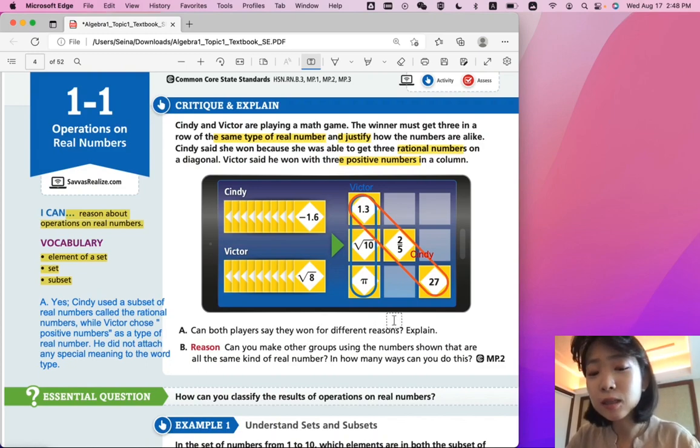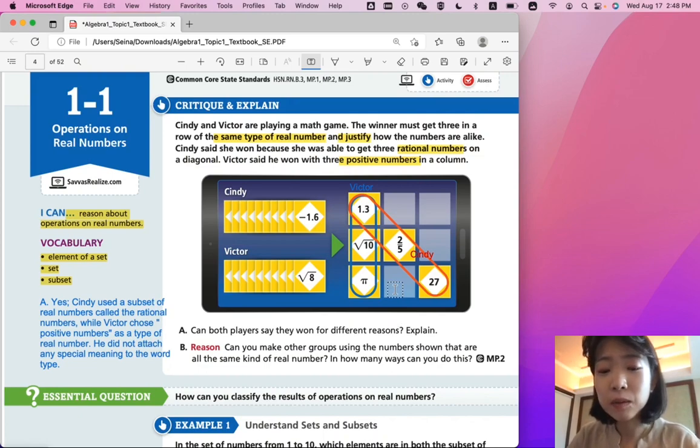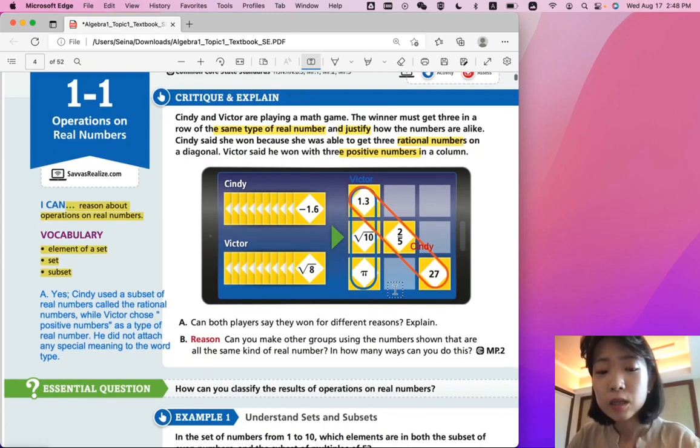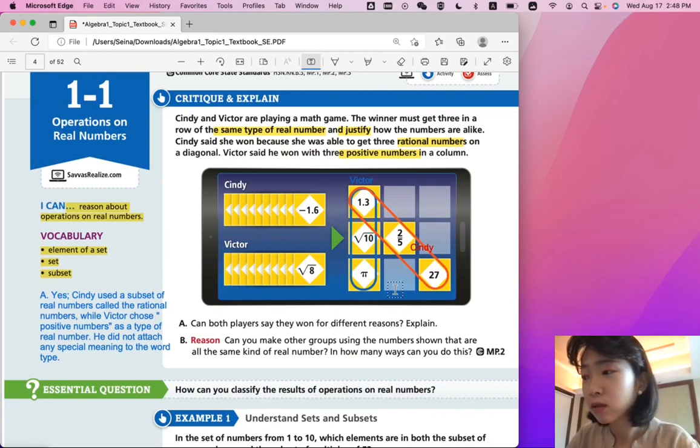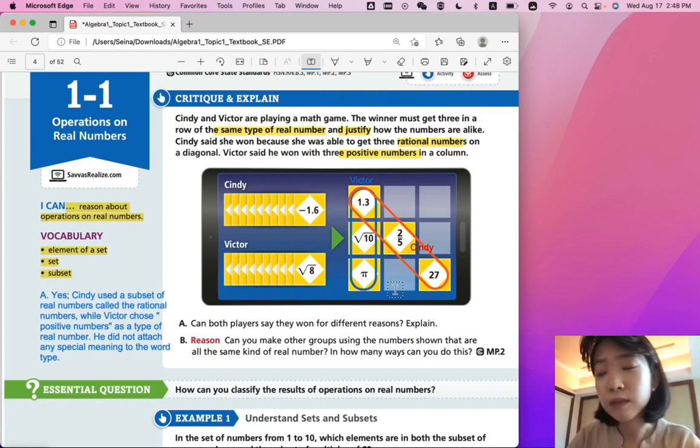Can you make other groups using the numbers shown that are all the same kind of real number? In how many ways can you do this? So the same kind, what does it mean to have the same kind? You can have rational numbers or irrational numbers, or negative numbers or positive numbers, or integers, whole numbers.